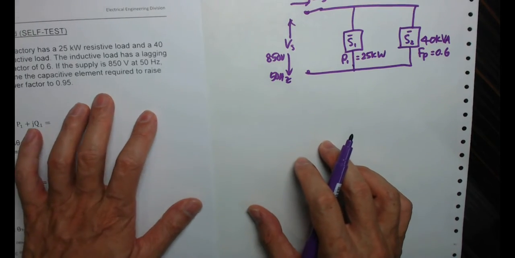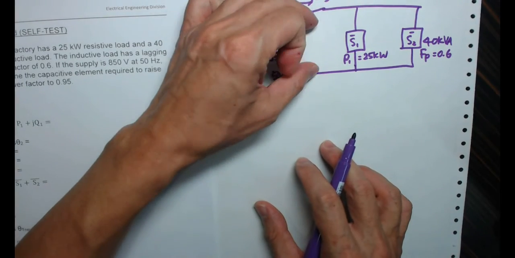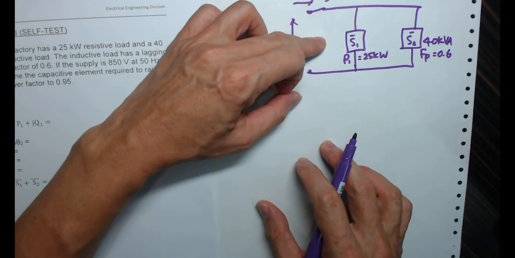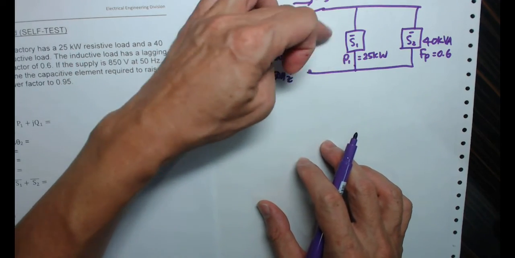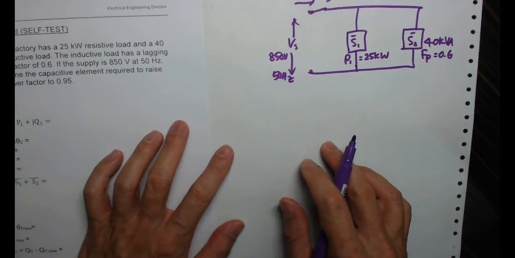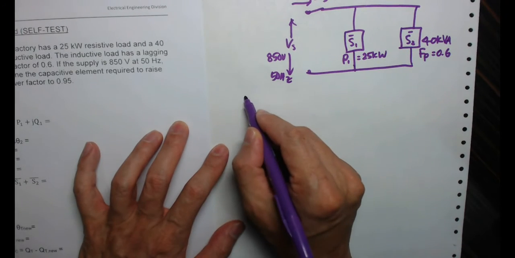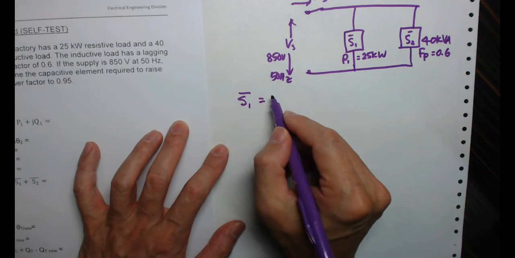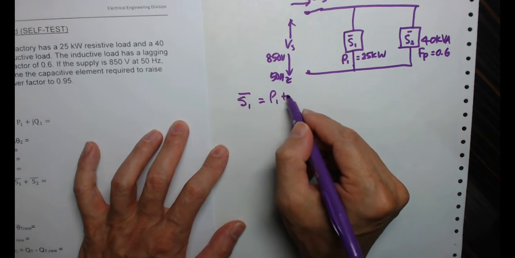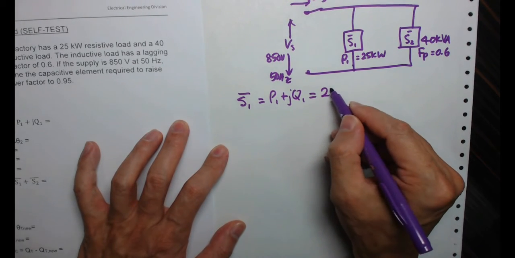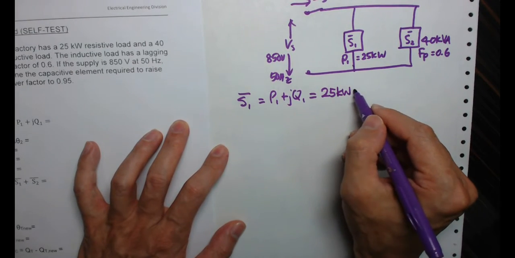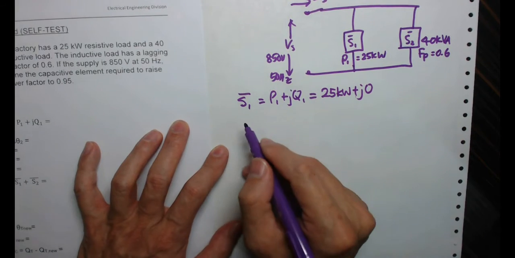Okay, so the first thing we need to do is to find the overall power and the angle so that we can find the overall power factor. We start by saying S1 is equal to P1 plus jQ1, but since it is purely resistive, I only have 25 kilowatt, j is 0.